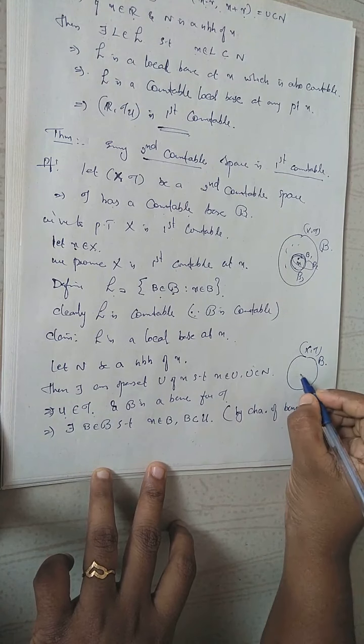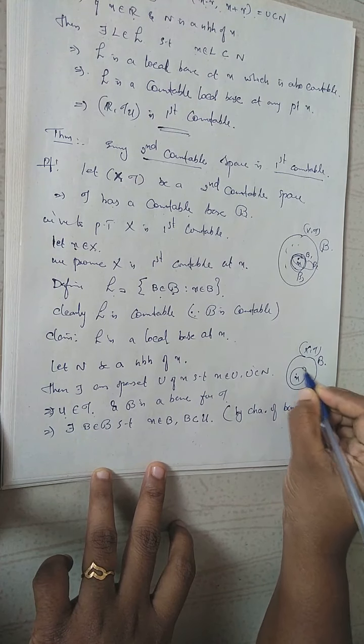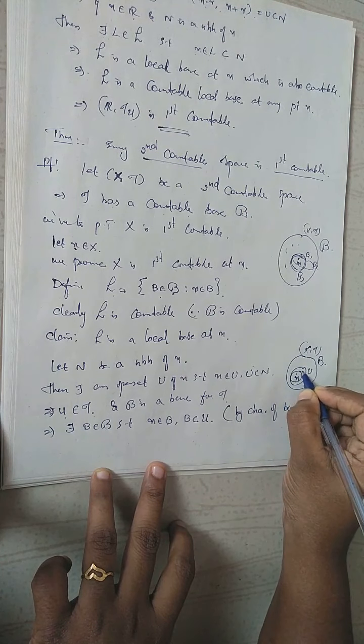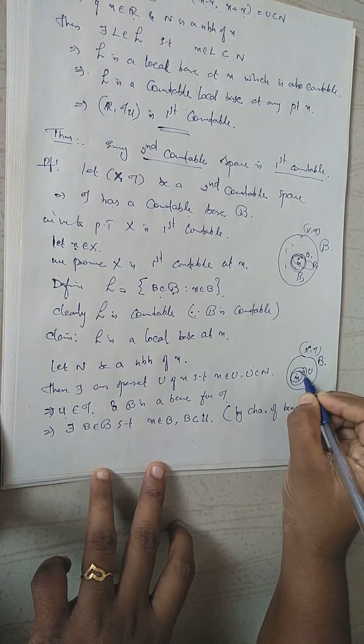Then if you have a point X and an open set U containing that point, there is a base element B in script B such that X belongs to B and B is contained in U.